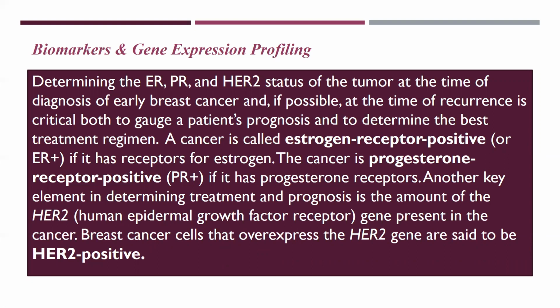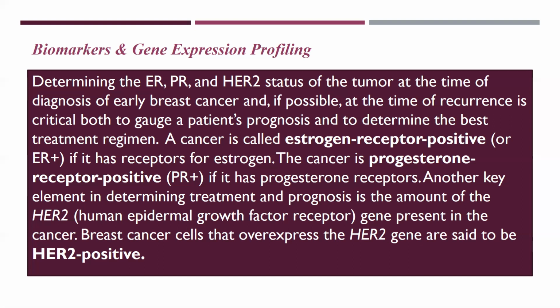If a cancer has estrogen receptors, then it will be called estrogen receptor positive. But if a cancer has receptors for progesterone, then it will be called progesterone receptor positive, PR positive.